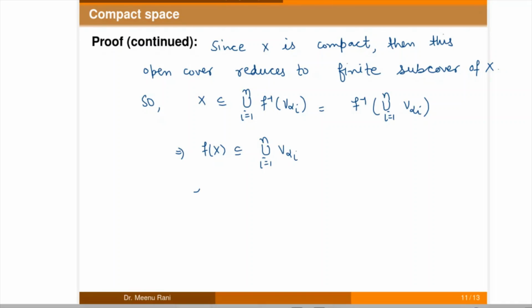So if we take intersection with f of x on both sides, then we will get an open set collection in f of x.